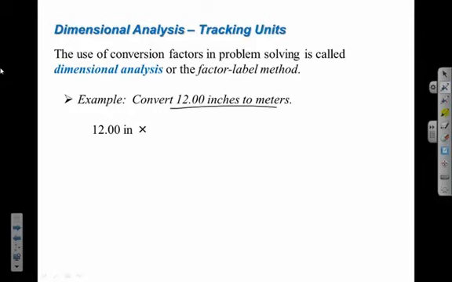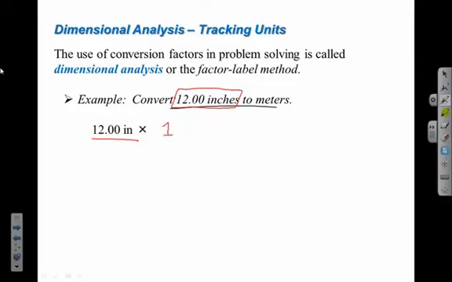So right now I've got a number expressed in units of inches. I want to take that quantity, 12 inches, that distance. I don't want to change the distance, I just want to take that distance and express it in meters. So I'm going to take this 12 inches and multiply it by some conversion factors. I want to multiply it by things that are equal to 1.